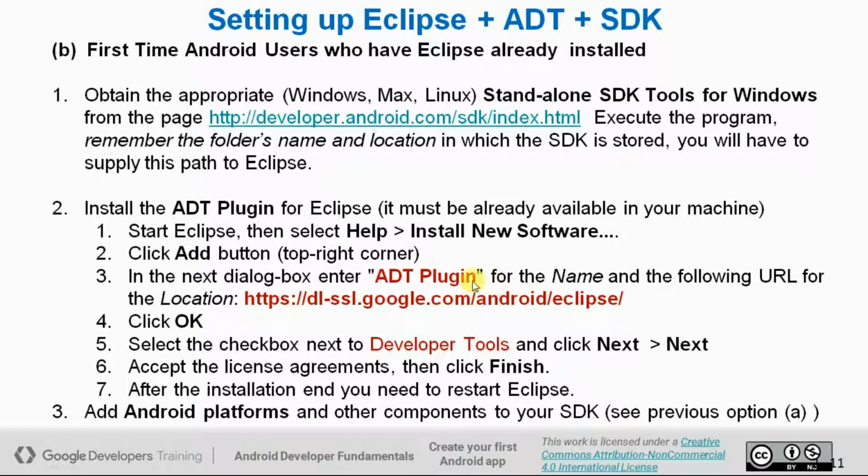In that you have to give a name as ADT plugin, and for location, you have to give this URL: dl-ssl.google.com/android-eclipse. After entering the URL, click on OK button, and again you will get one window.